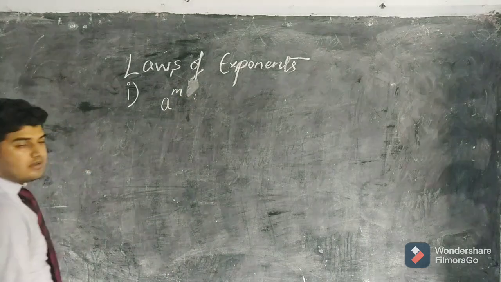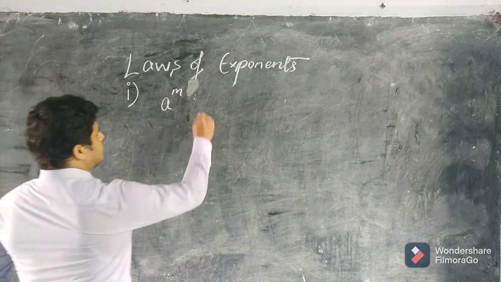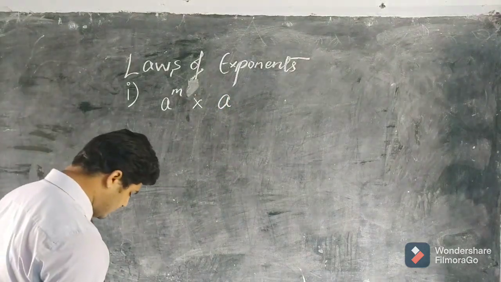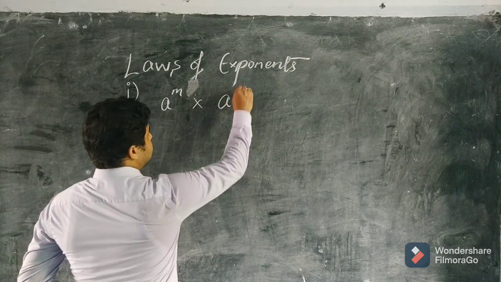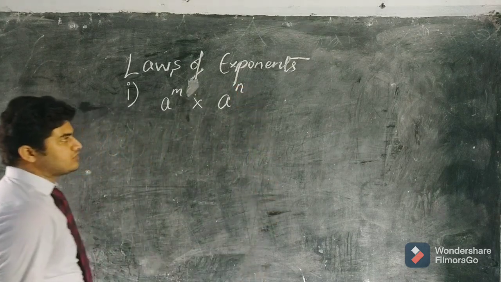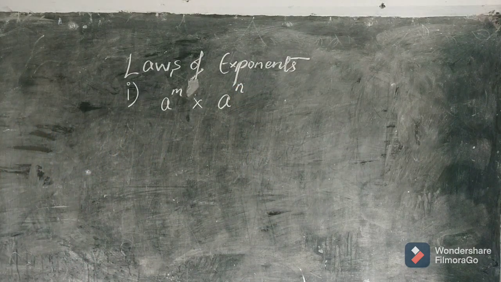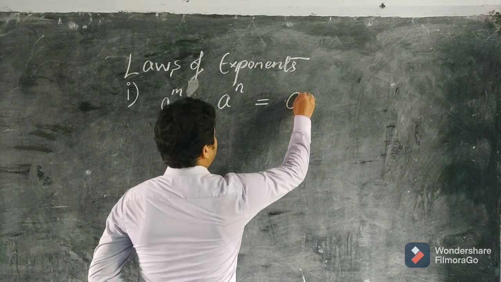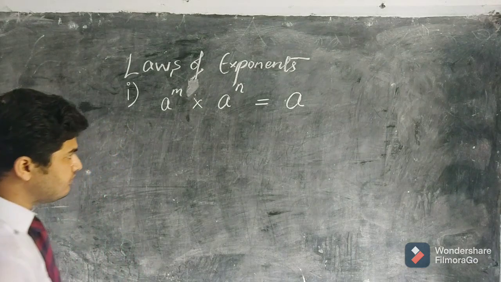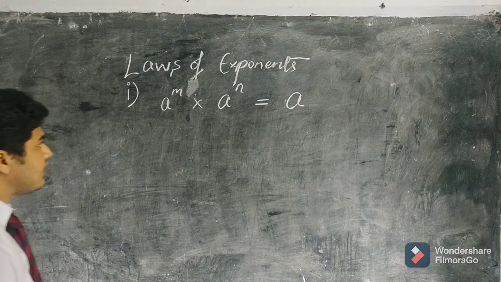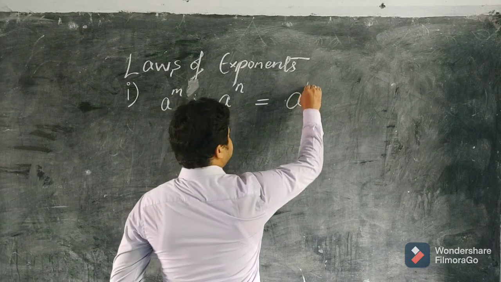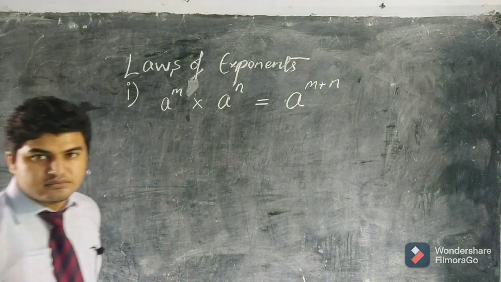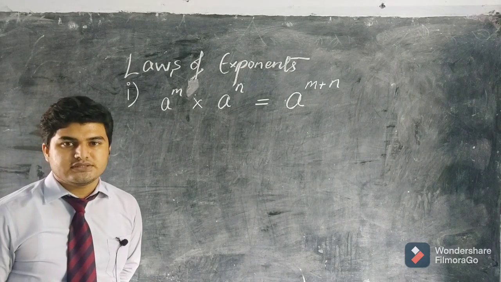It is raised to the power m, multiplied by again the same number, that is, the base is same, a, raised to the power n. In this case, when the base is same and it is in multiplication, the powers are added together, that is, the power will become m plus n.